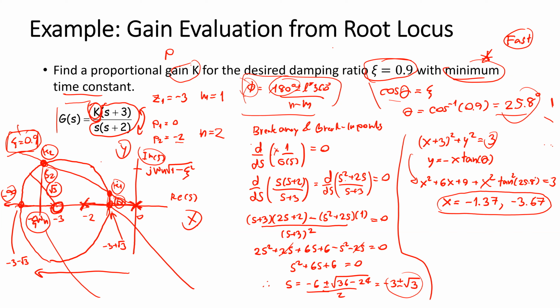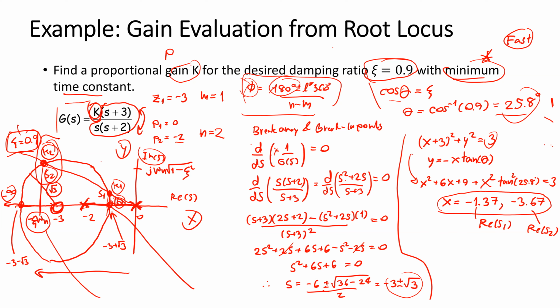At K1, the real value of S1, and the real value of S2. But we want the fast system, right? We want a fast system. So we're gonna pick K2 and S2.